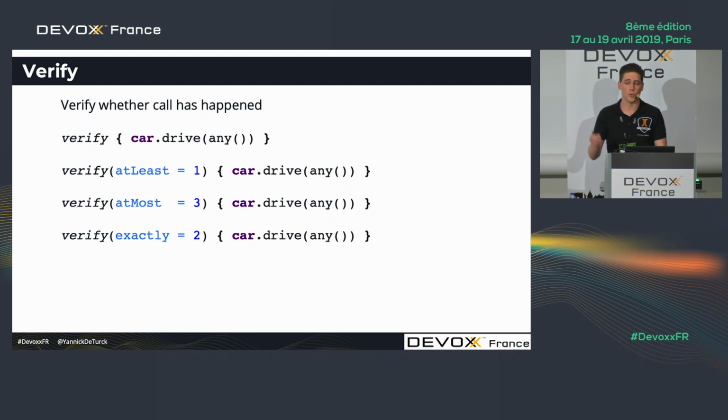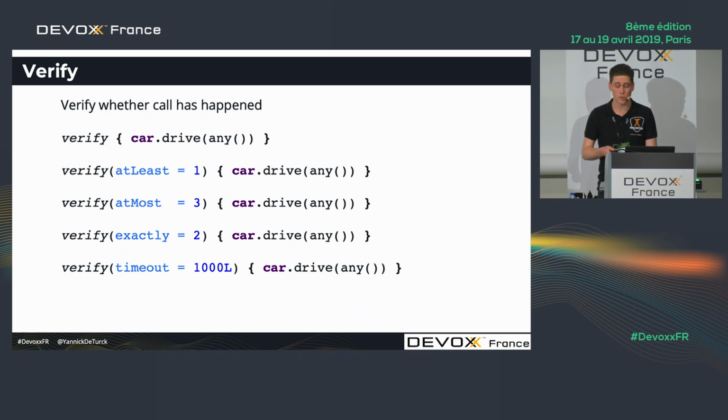There's also a way to do an exact check, so only 2 calls may have happened. If 1 call or 3 calls were made, your test will just fail. You can also work with timeouts. It depends on whether the method that you're calling is something that can take a lot of time. You can just combine it with this timeout parameter right here.